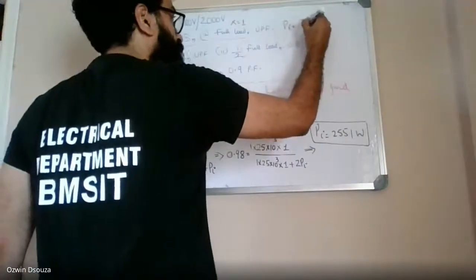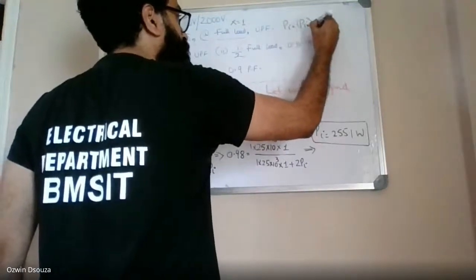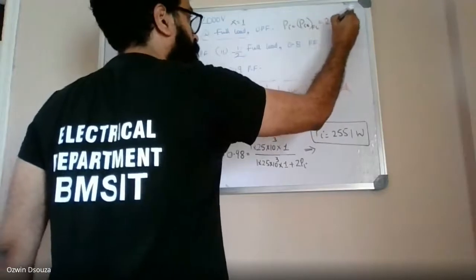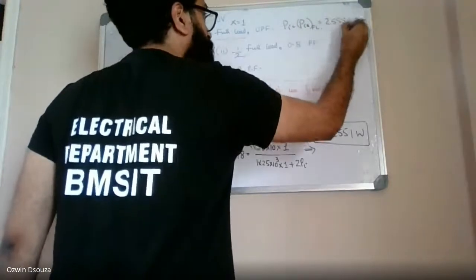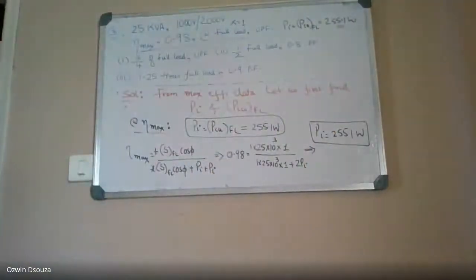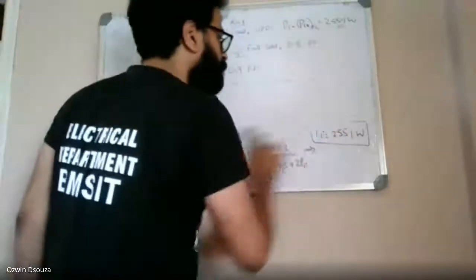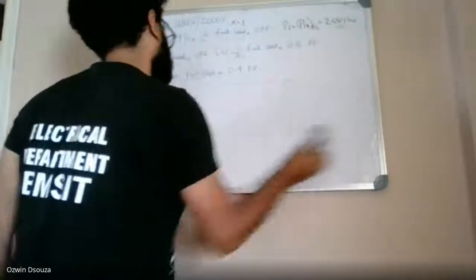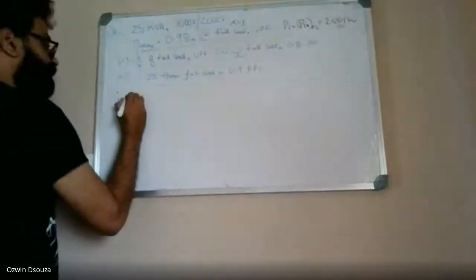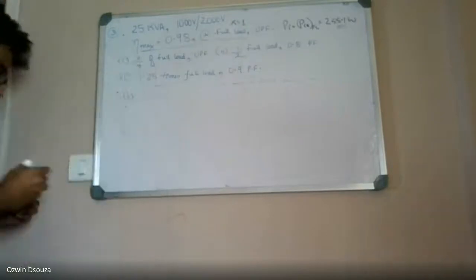So iron loss is equal to full load copper loss is equal to 255.1 watts. That is the required loss data to proceed with the rest of the problem. Once the loss component is known, then you can start finding out the efficiencies sequentially, right?